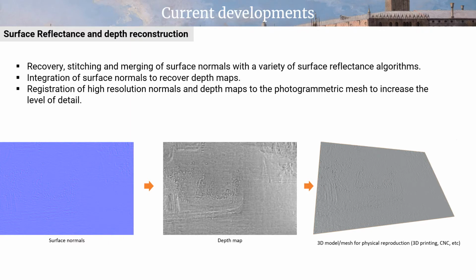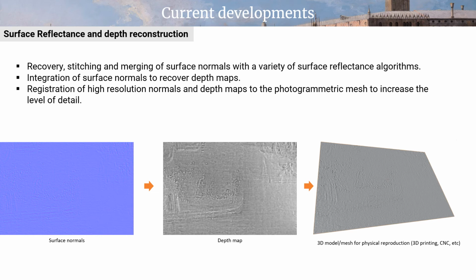Right, so for the last couple of slides, I'll move to explain our current work. We are now mostly developing the RTI workflow so we can customize the software and produce much better outputs. We are focusing on the recovery, stitching, and merging of surface normals with a variety of surface reflectance algorithms.